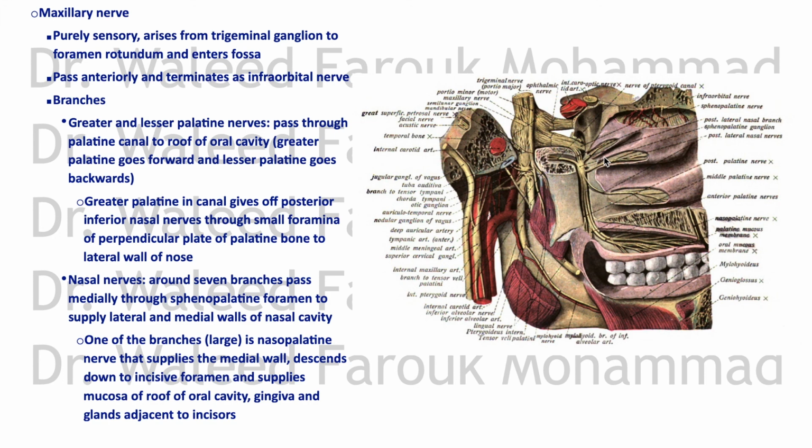Right? You remember this from the nasal cavity and oral cavity, and it ends by supplying, of course, the gum and mucosa of related teeth, like the incisors and canine teeth. Okay? So the greater and lesser palatine nerves and nasal nerves.